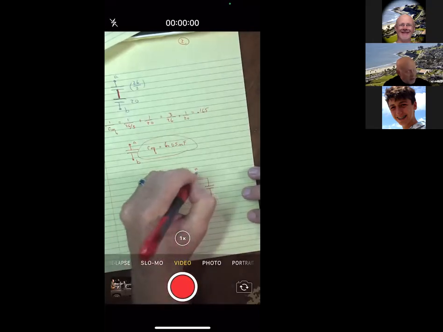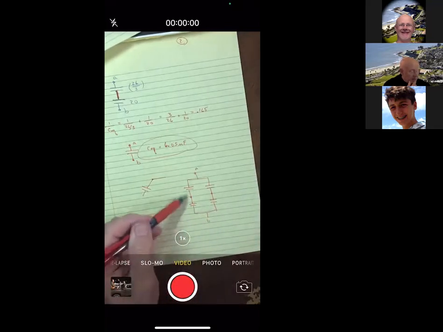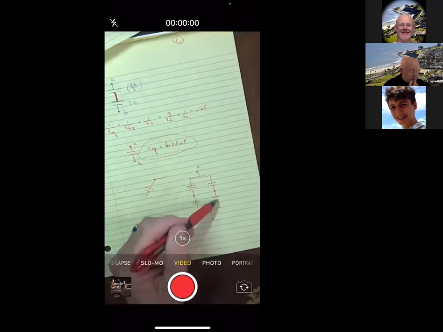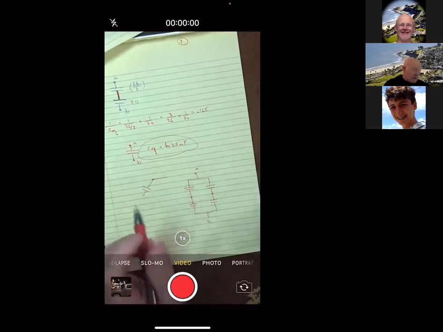Called this point A and this point B. We could put the 2 on the left as a series and the 2 on the right as a series, and that'd be the equivalent. And then those would be in parallel. And so we could get the equivalent here.